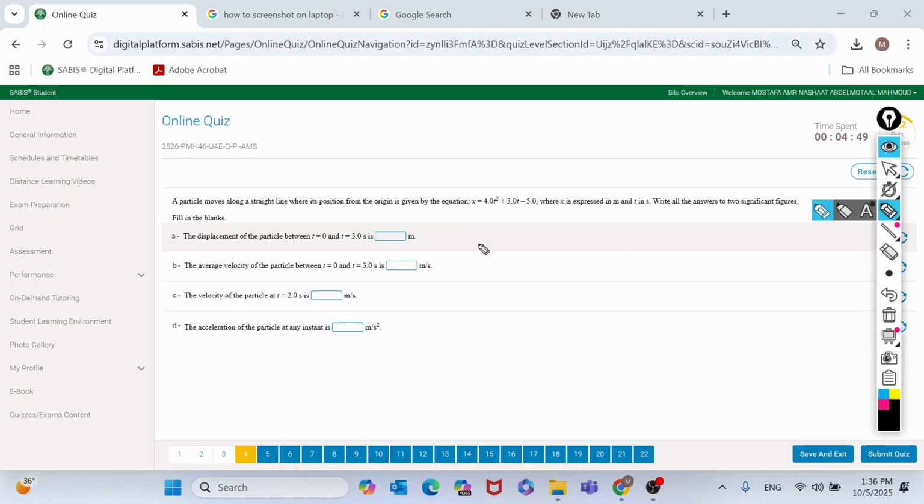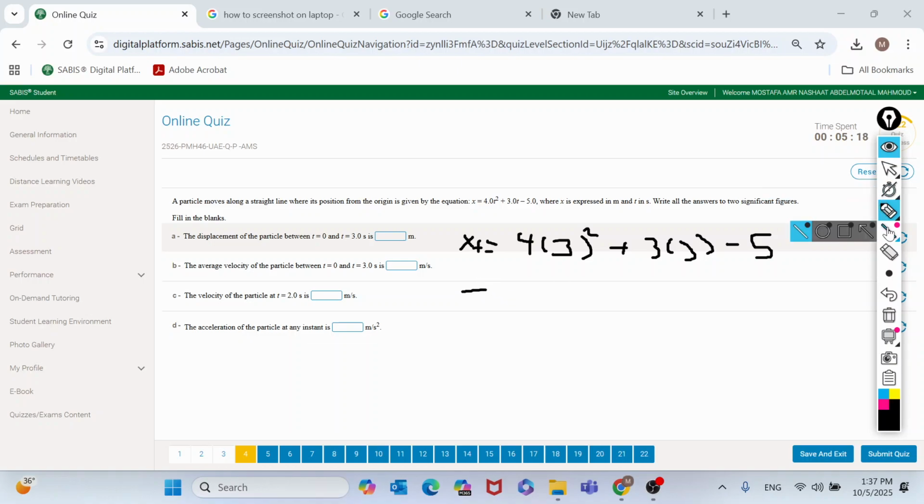Displacement, so I'm gonna find x final. x final is gonna equal t at 3 seconds, so it's 4 times 3 squared plus 3 times 3 minus 5.